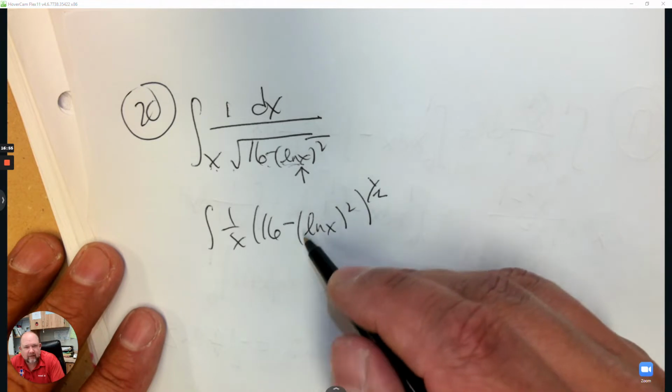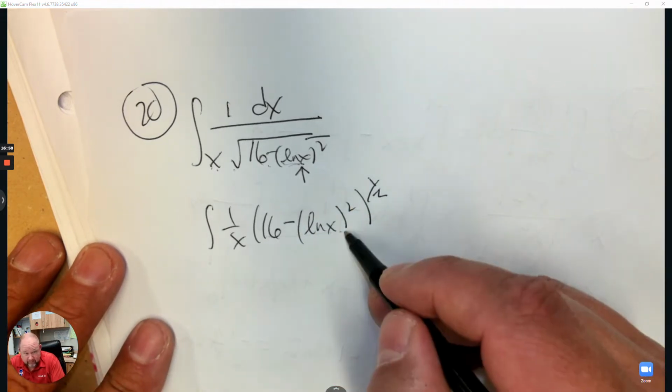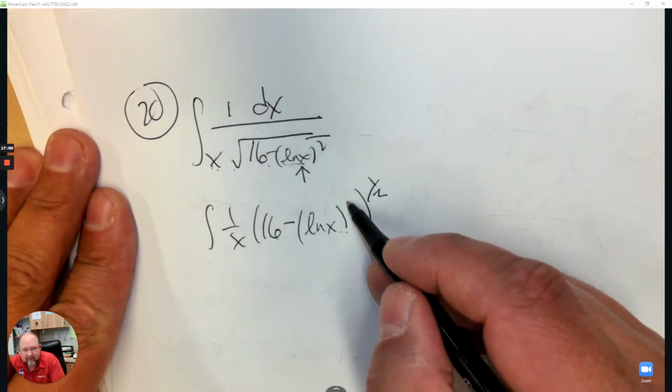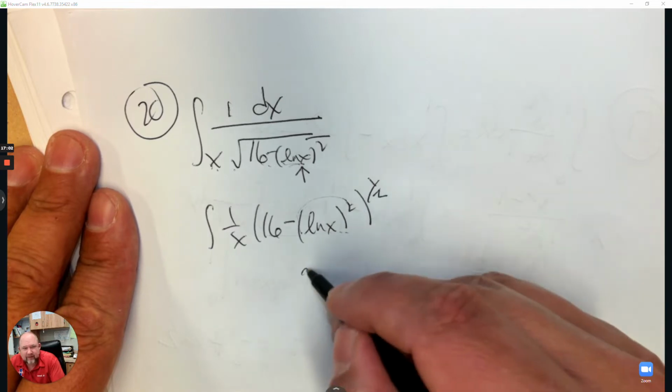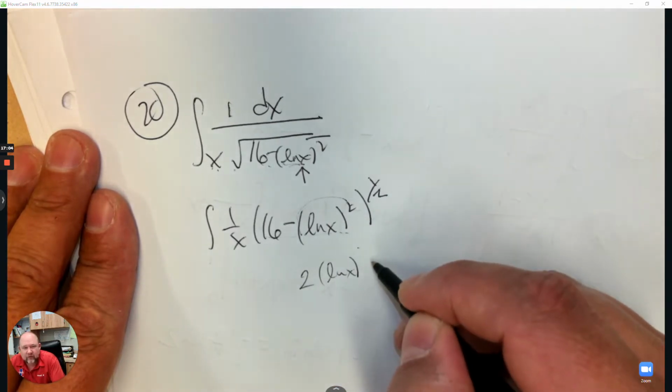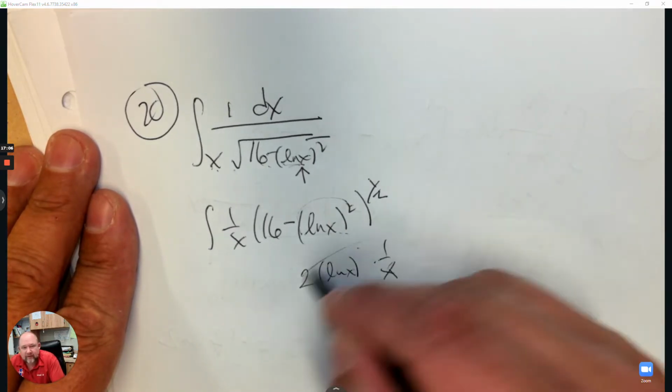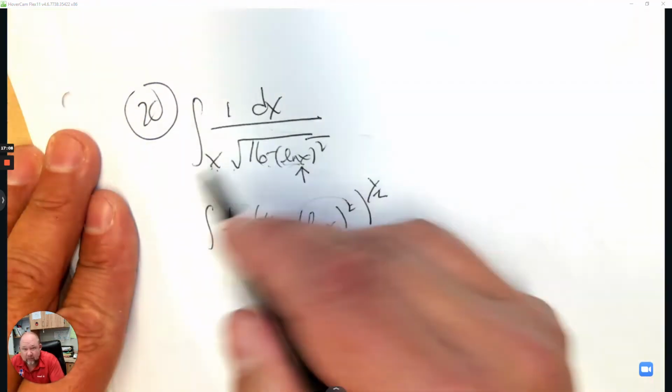Interesting. All right, I'm going to change my mind. So when I take the derivative of this, it'll be 2, and it would end up being 2 ln x with a hook of 1 over x. This does not help me in the numerator. I only have 1 over x.